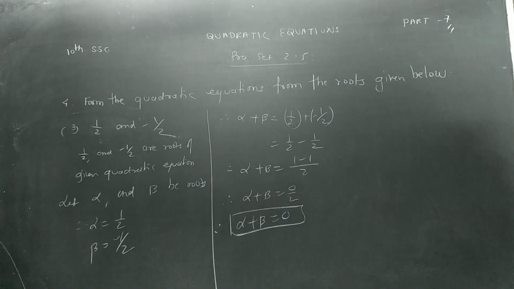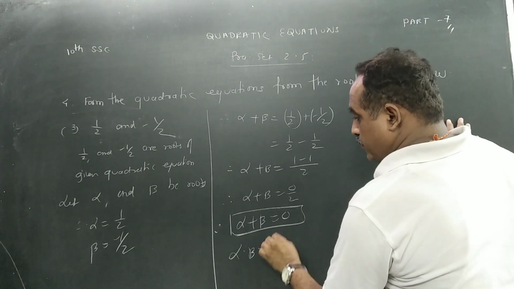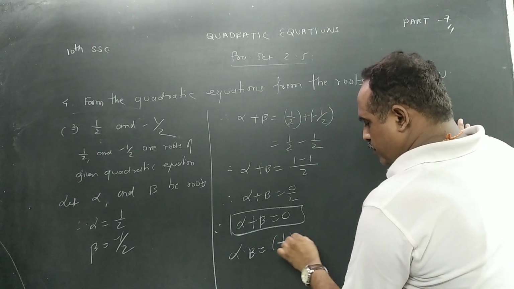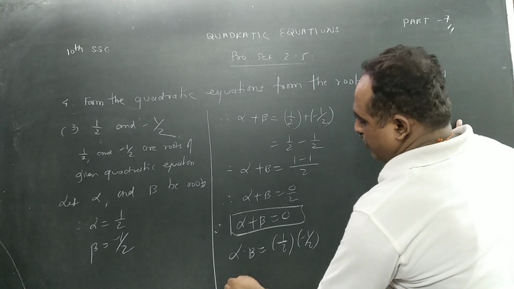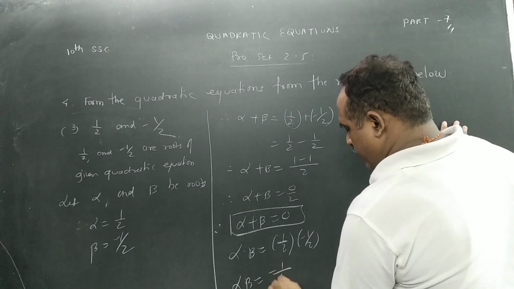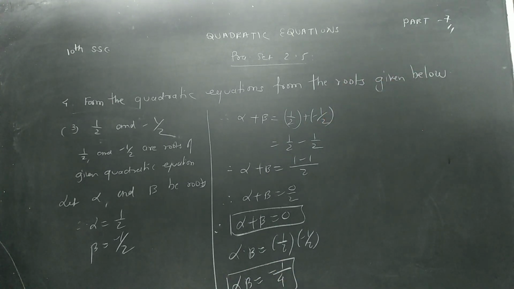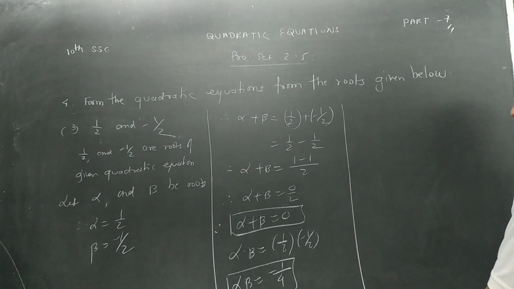Then, alpha into beta is equal to 1 upon 2 into minus 1 upon 2. So alpha into beta is minus 1 upon 4. You got it?